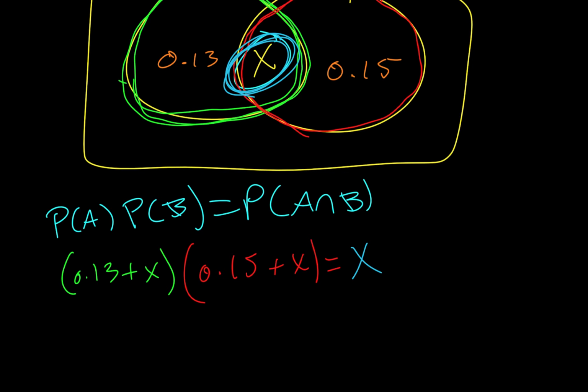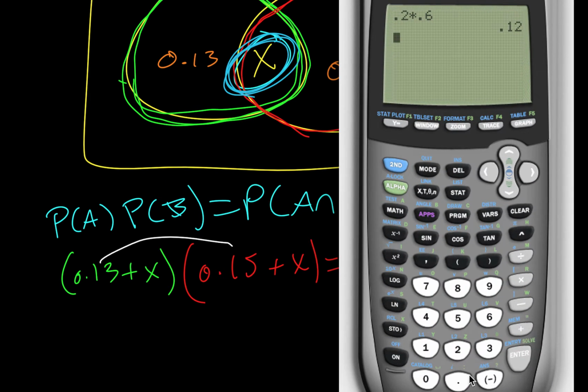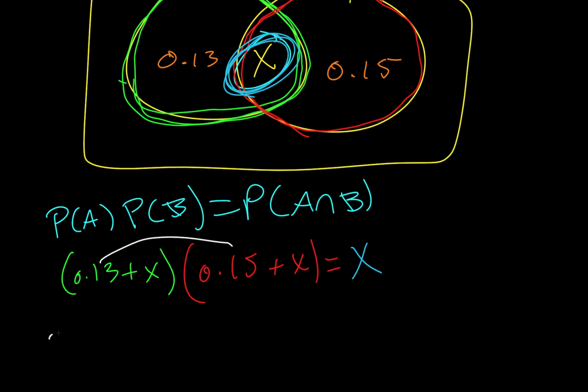So now it just comes down to an algebra problem. So we multiply these together, pull out your calculator to help. So we say 0.13 times 0.15, we get 0.0195.